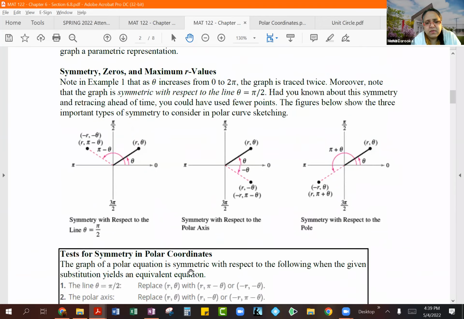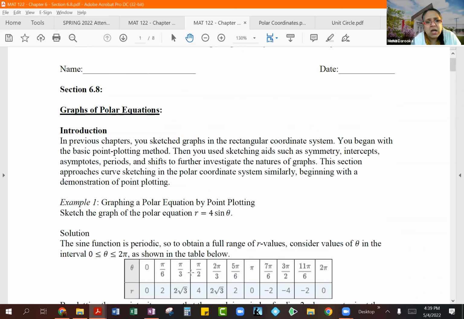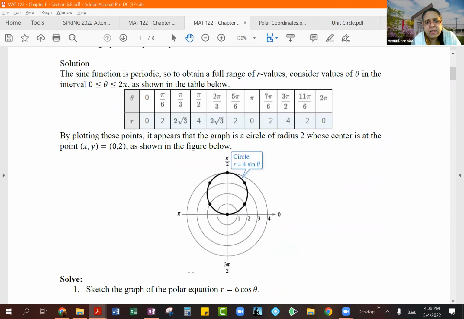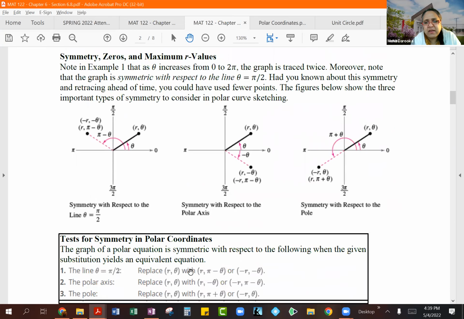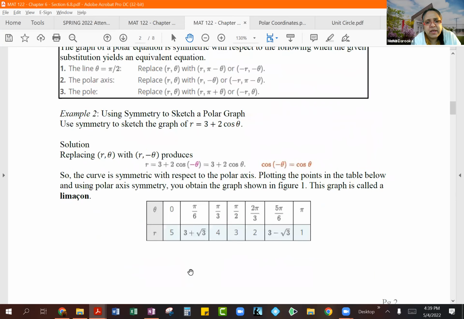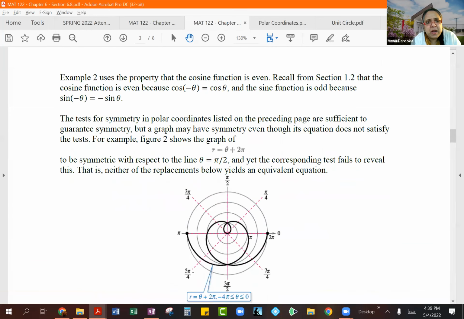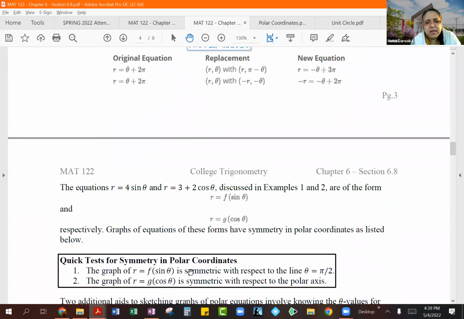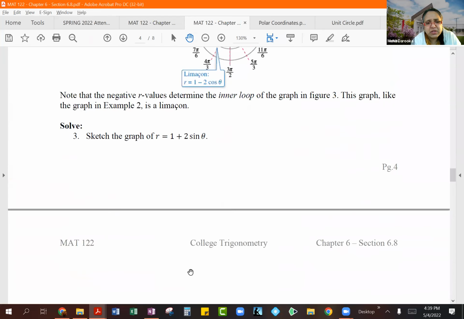So you're technically not including 2 pi in your calculation because 0 and 2 pi kind of fall on the same location, so you don't specifically have to include 2 pi. Either my eyes are playing a trick or I'm not seeing it. It may have been in the previous section.